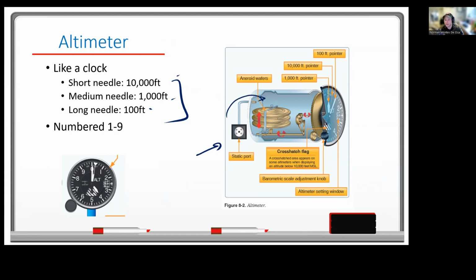Now, we tell the altimeter using a little knob here what sea level pressure is. We change this little aneroid wafer here to tell it essentially, hey, sea level pressure feels like this. It takes static air, puts it in here, and it compares the two. And because of the changing pressure, it'll indicate your altitude above sea level.